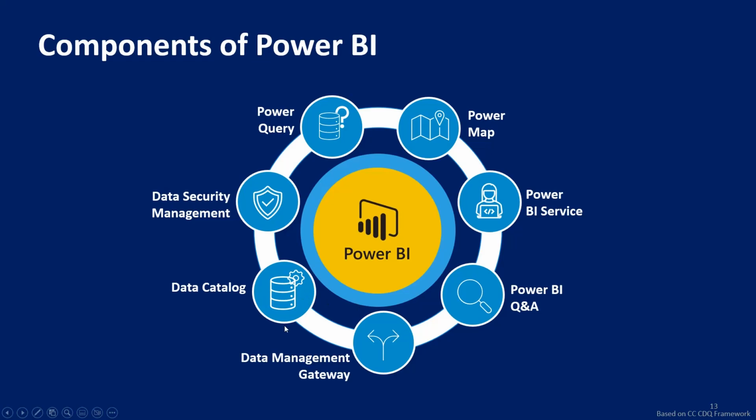Data catalogs help you understand how your data is connected to different sources so you can modify and update it easily. And data security and management, like row level data security. For example, what Ajinkya will see will be different from what Yash or Nagesh is seeing. So these are all components, and we'll learn more about them.